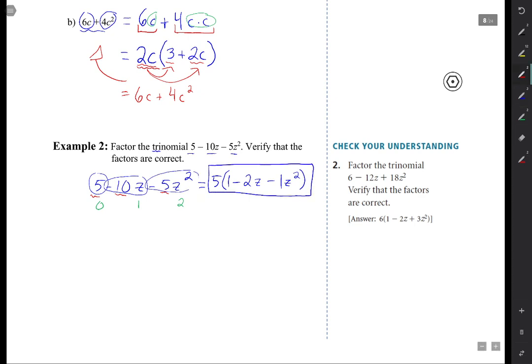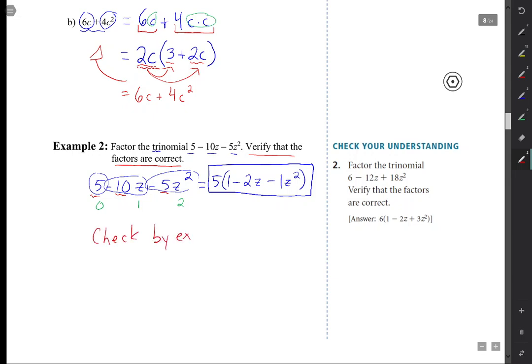Now the nice thing about factoring is that we can verify that the factors are correct. And we did that in the last one in red over here. We verified our answer is correct by multiplying what we have over here to see if it equals the original expression we had. So let's do that. We're going to check by what is called expanding.